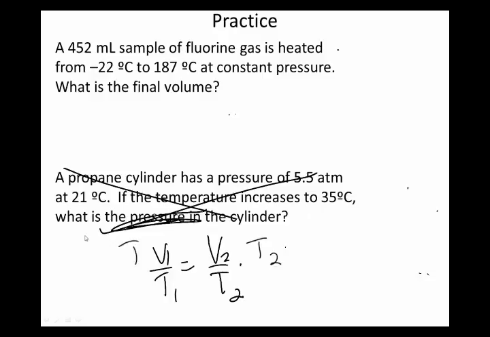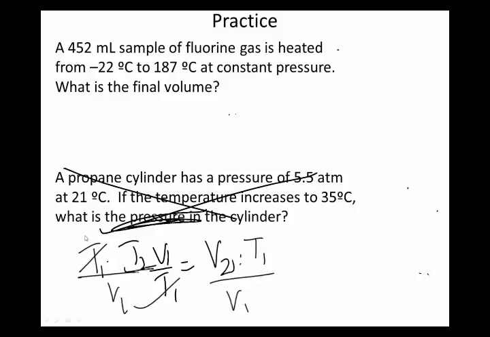But now it appears on the other side of the equation in the numerator, V2, which frees me up to isolate it. I can get rid of T1 by multiplying by T1 on both sides, cancel, cancel, and dividing by V1 on both sides, cancel, cancel. So T2 actually equals V2 T1 over V1. All right, so that's how I'd solve for that.